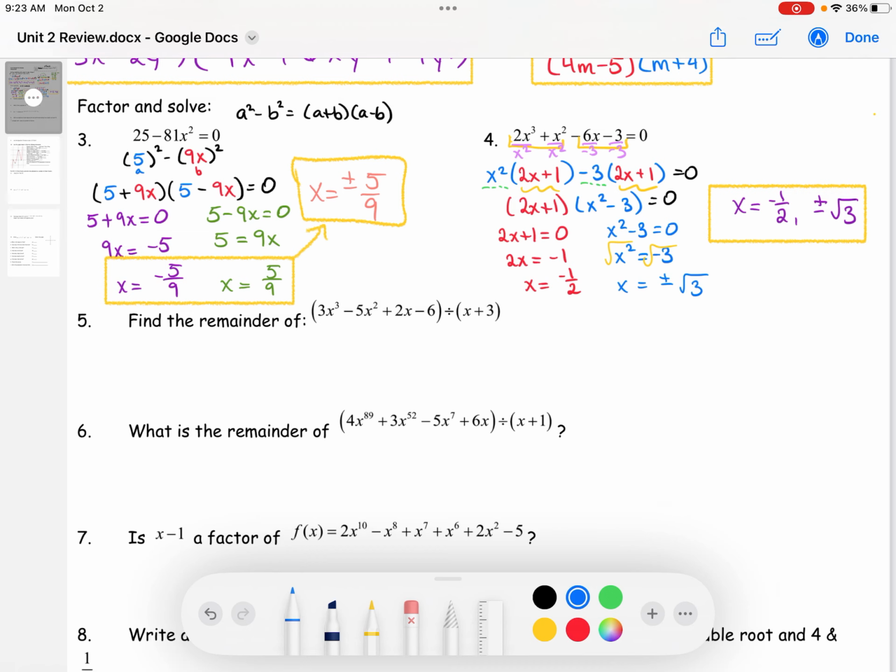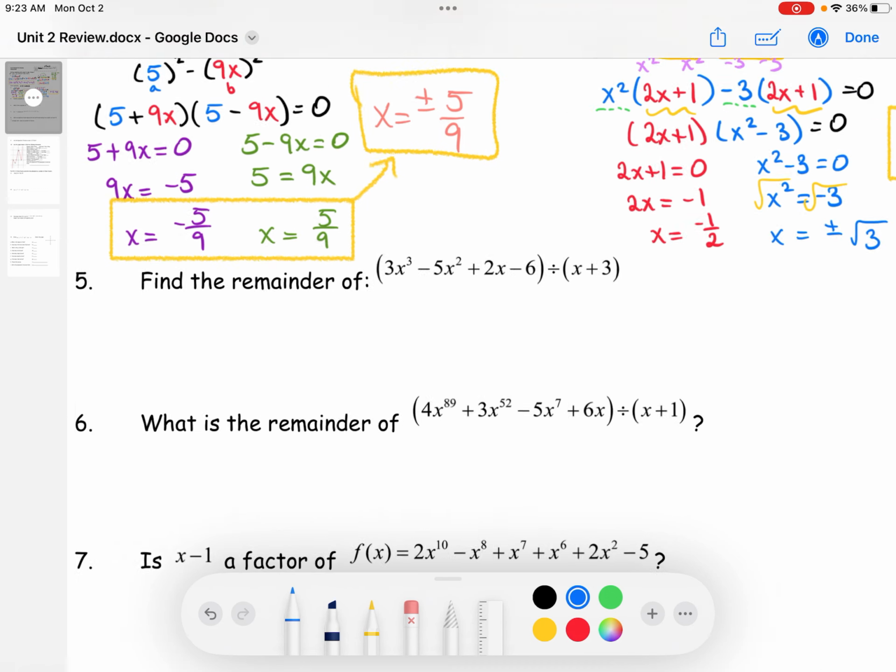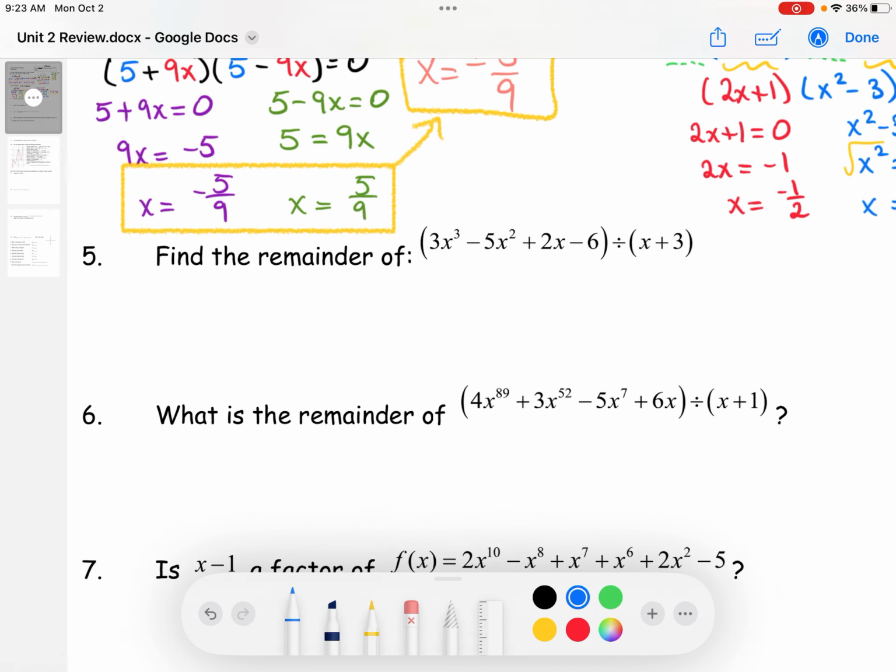Now, let's look at 5. We are finding the remainder when we divide that polynomial by x plus 3. We can do this without using division of any kind, because we know that the remainder when we divide by x plus 3 is equal to f of negative 3.